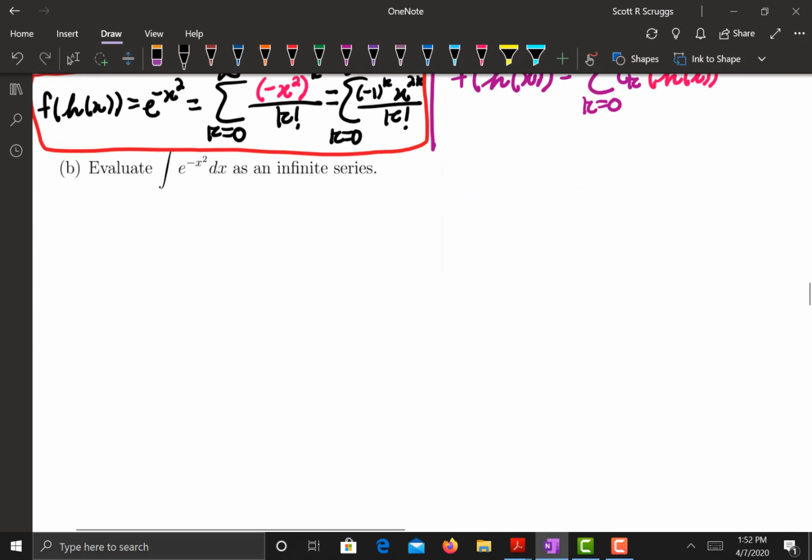All right, and now with that, let's go ahead and figure out what the integral is as an infinite series.